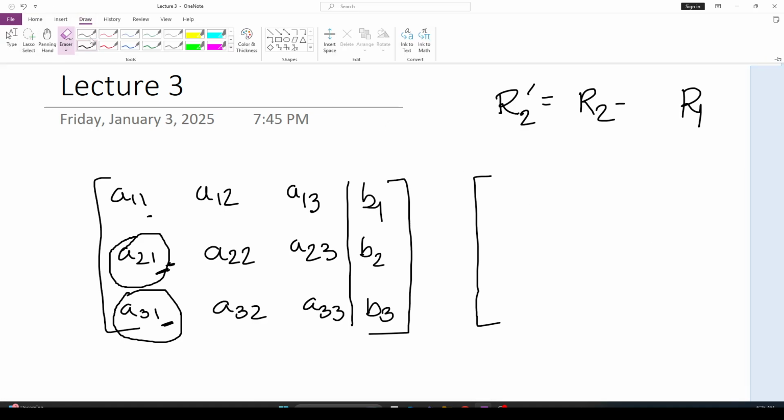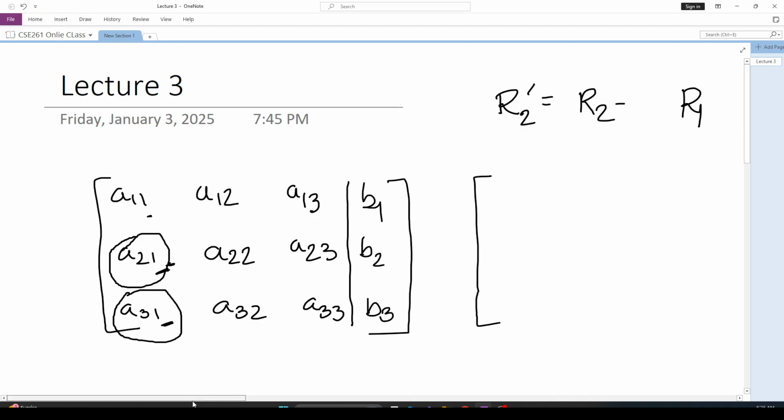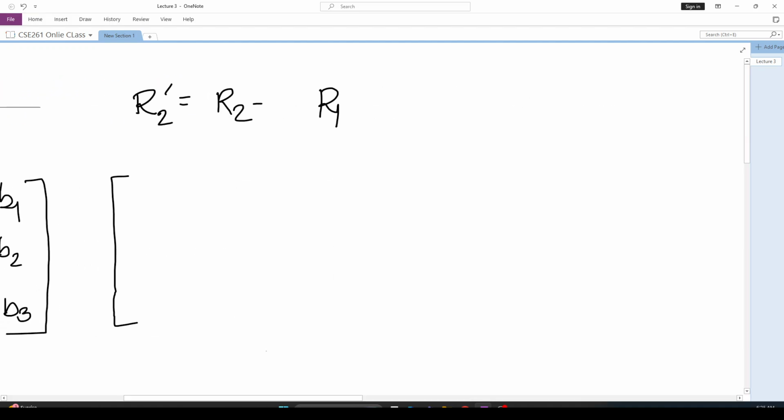So starting it off again, let's do it. As row 1 remains unchanged, let's write it down. Okay, so row 1 remains unchanged.